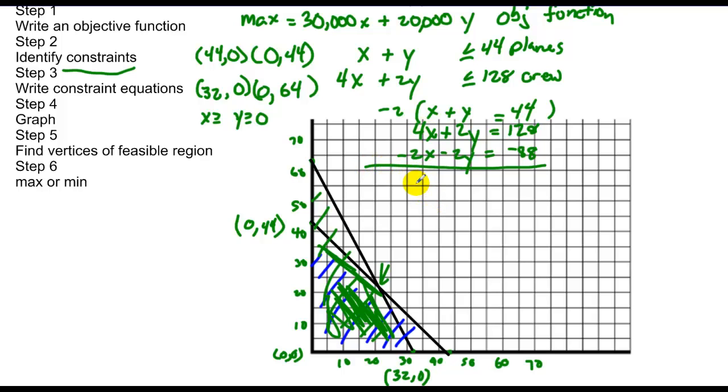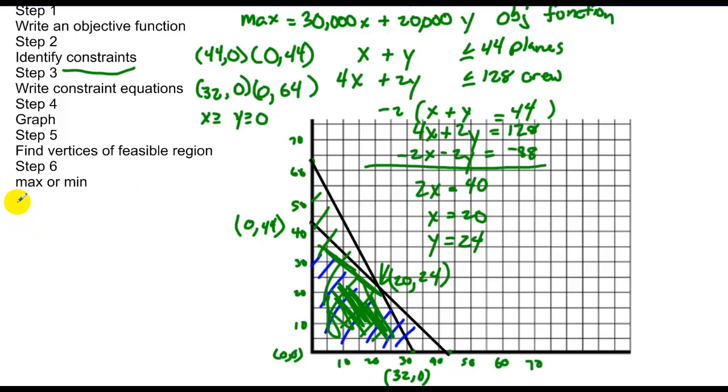Add those up, that's 2x equal to 40. So x equals 20. And then I plug back in to get y. y equals 24. This is the point 20 and 24 approximately. And I need my maximizing equation.